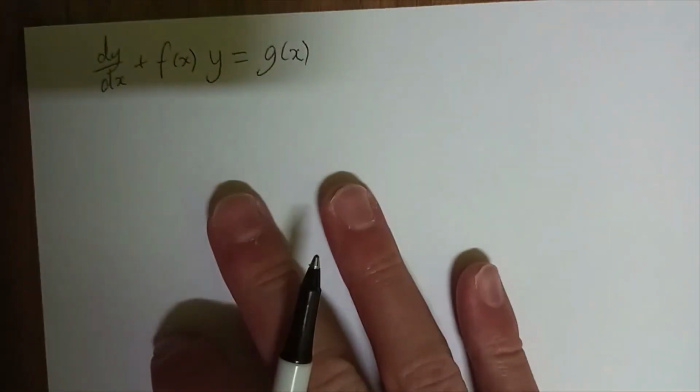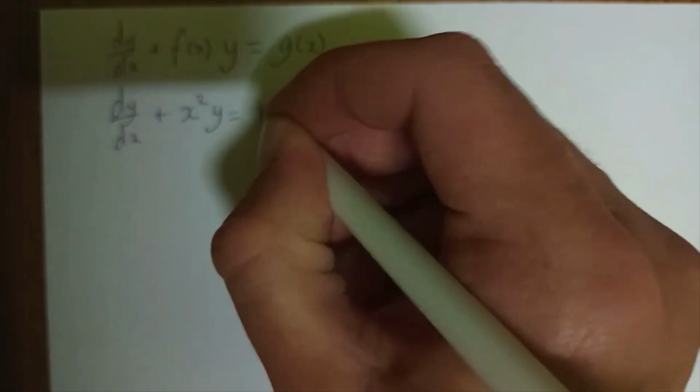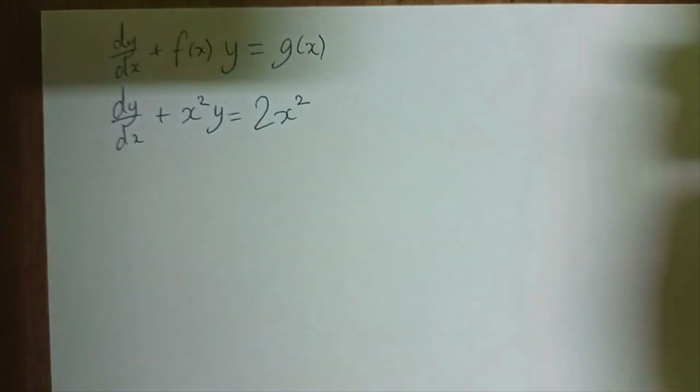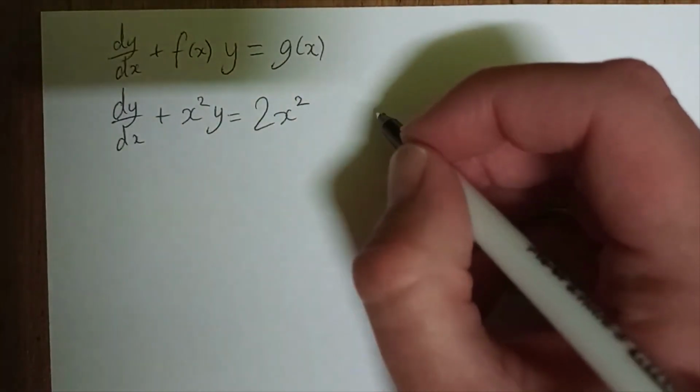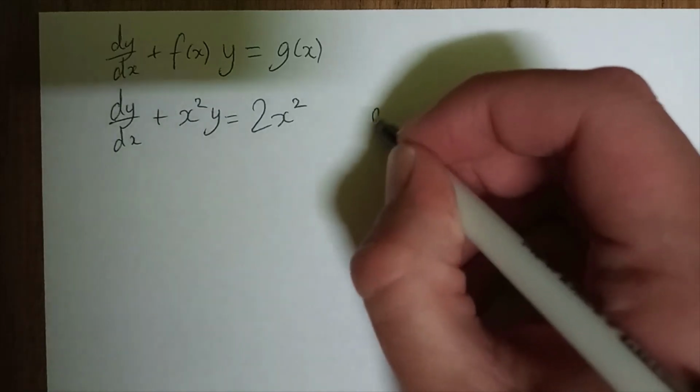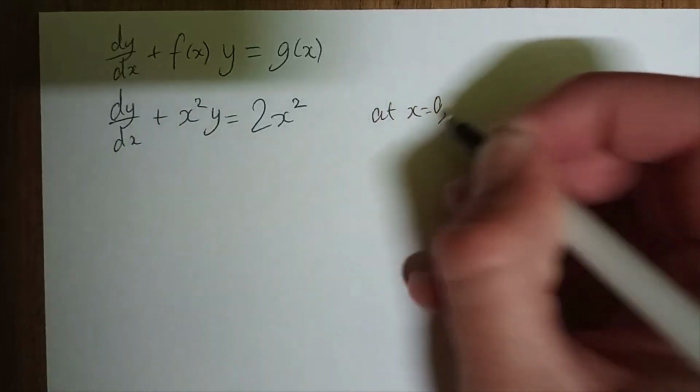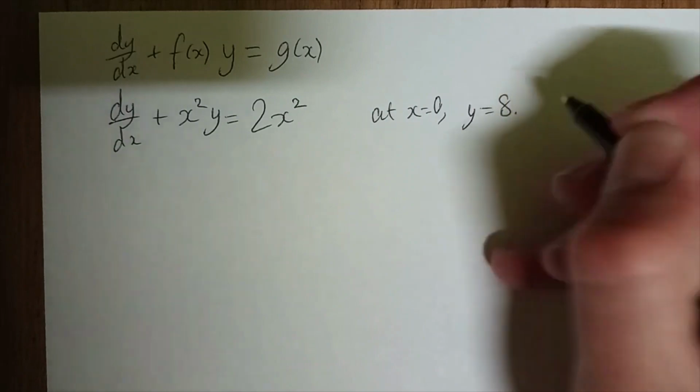Okay, so in this case I'm going to choose the differential equation dy dx plus x squared y equals 2x squared. And the initial condition will be at x equals 0, y equals 8.